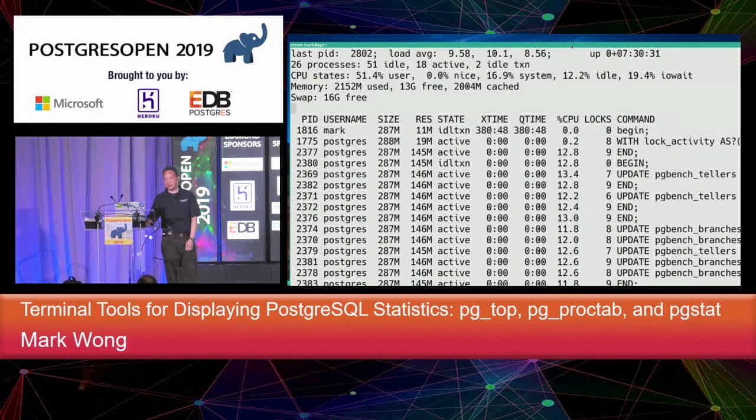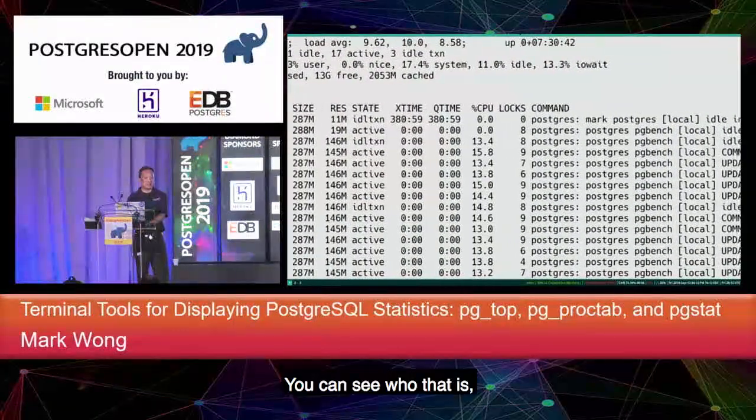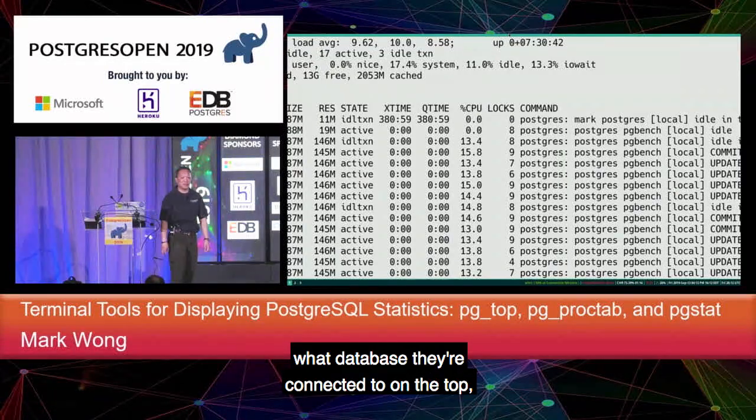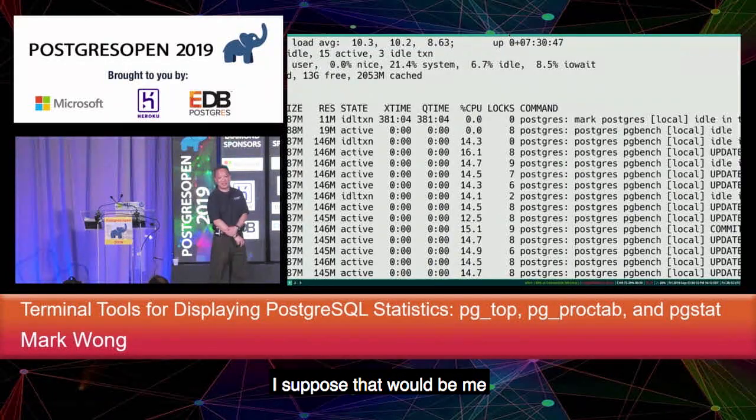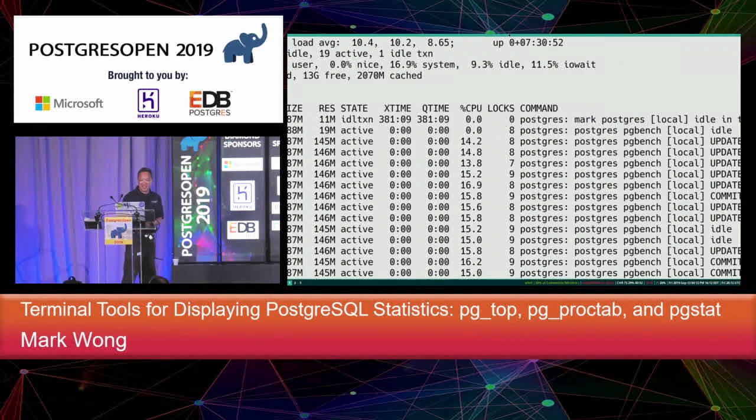Hours ago, right? You can see who that is, what database they're connected to on the top. I suppose that would be me connecting to Postgres, the database named Postgres, idle in transaction.